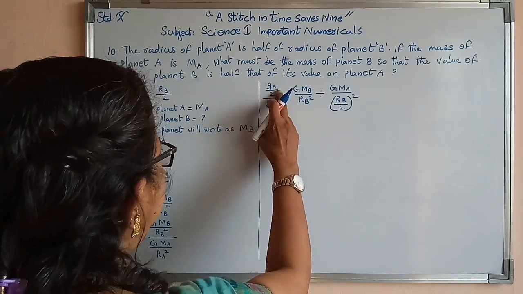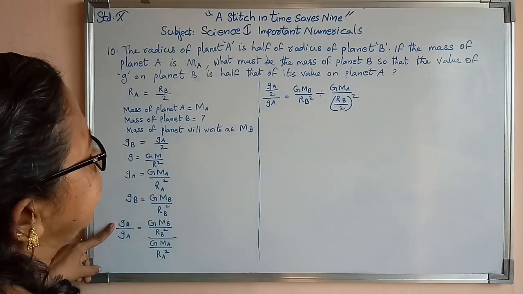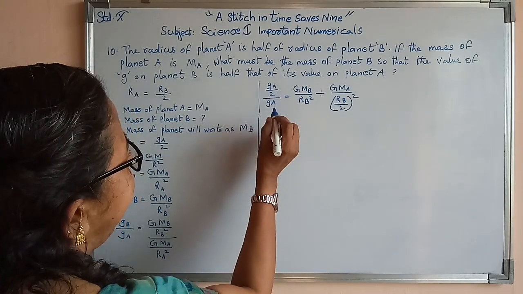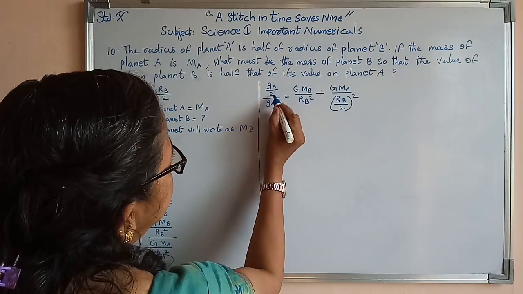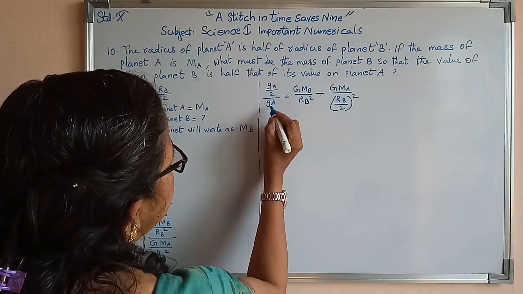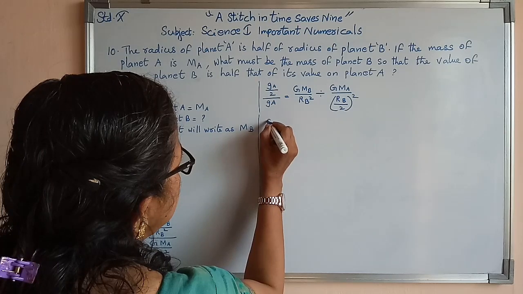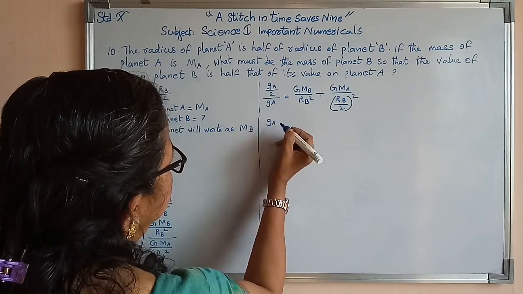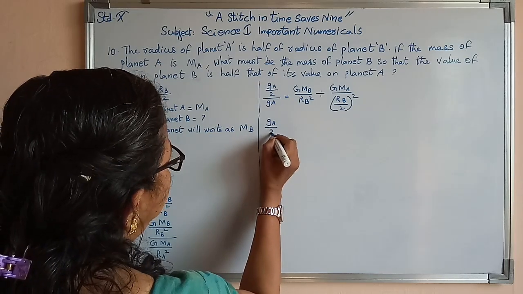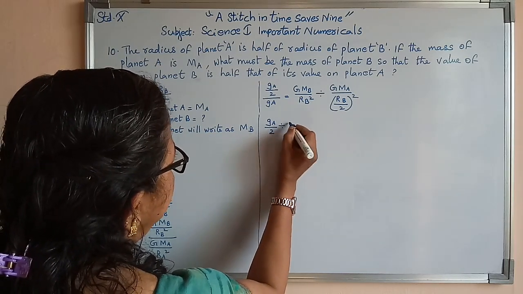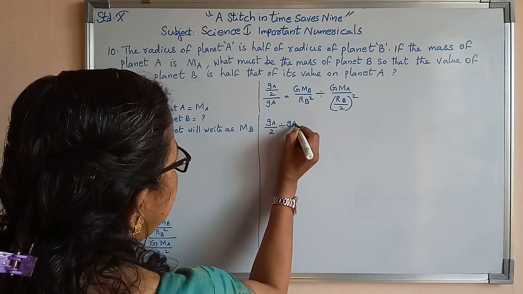Then one thing they have given: the gravitational force exerted on planet B is equal to Ga upon 2. Now here 2 is in division form, that thing also we will write in multiplication form. How it is done, you see: Ga upon 2 divided by Ga.